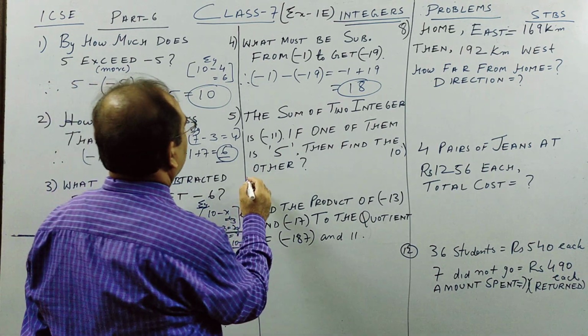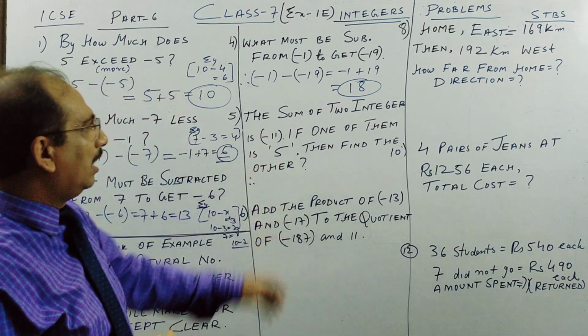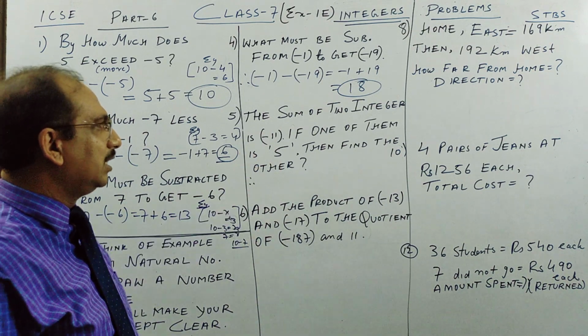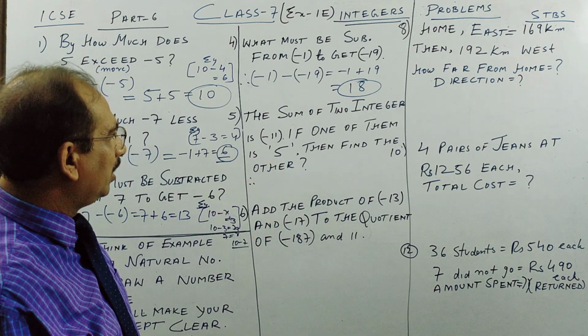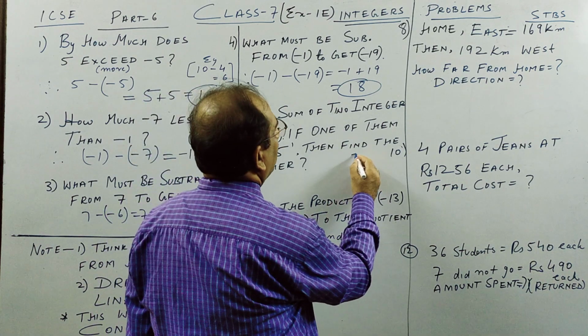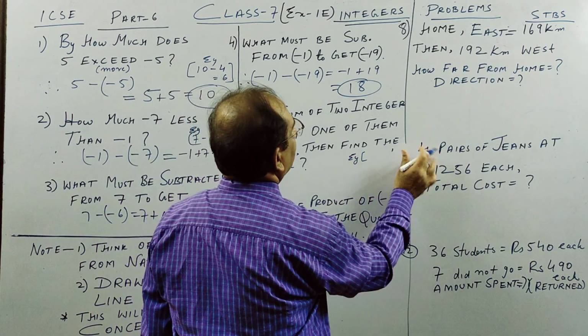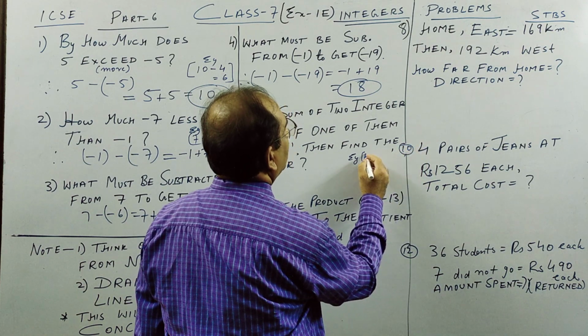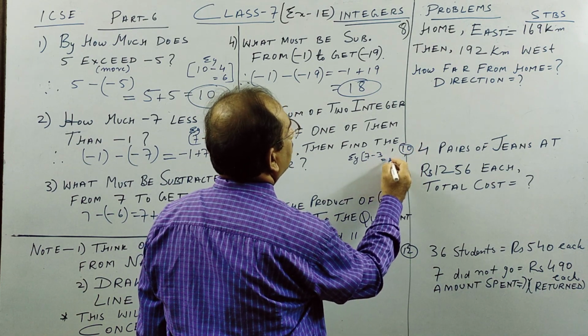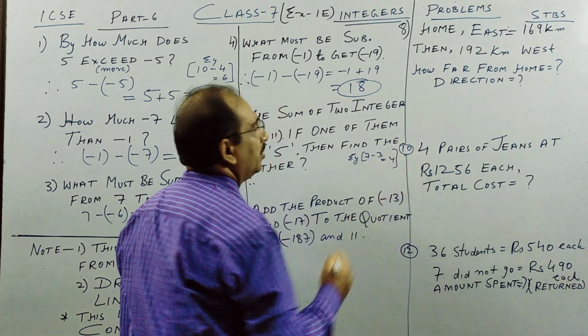Now this question: the sum of two integers is minus 11, if one of them is 5. So one example you can take: if the sum of two integers is 7 and one of them is 3, the other will be 4.